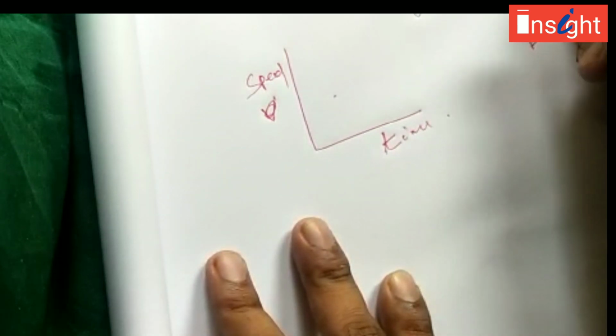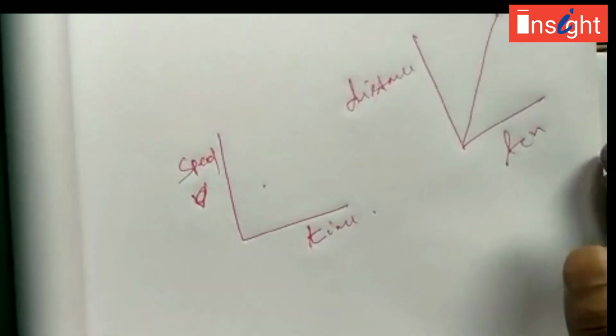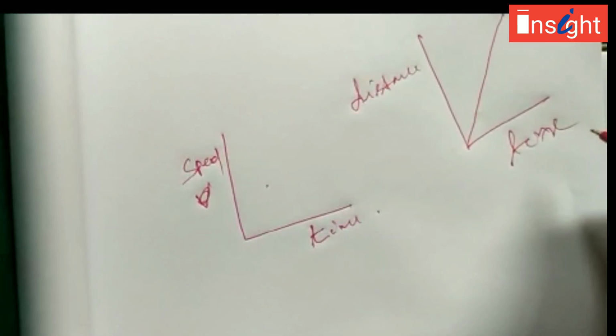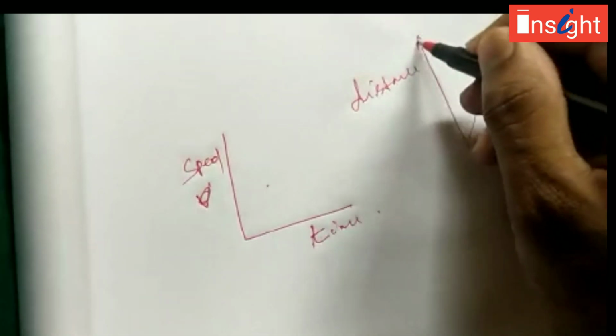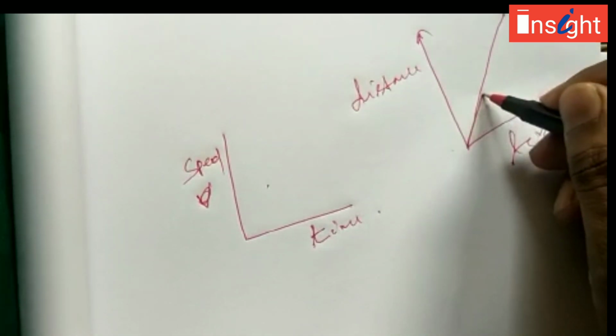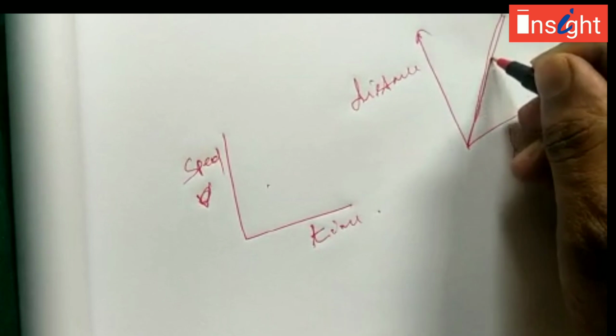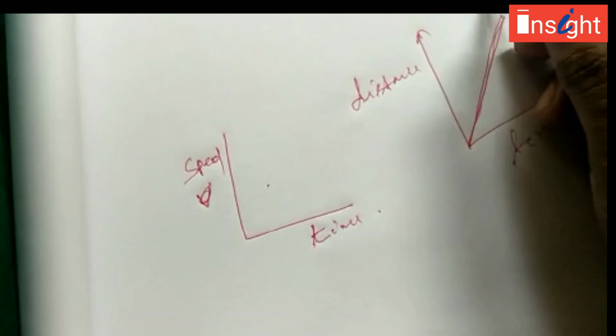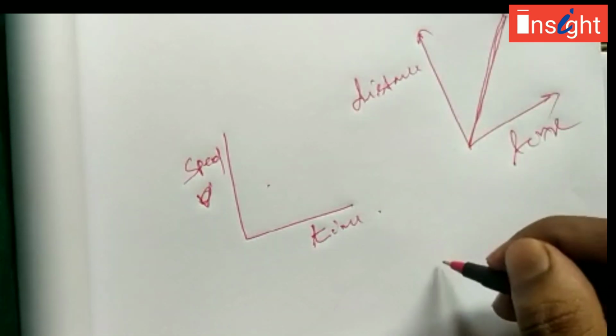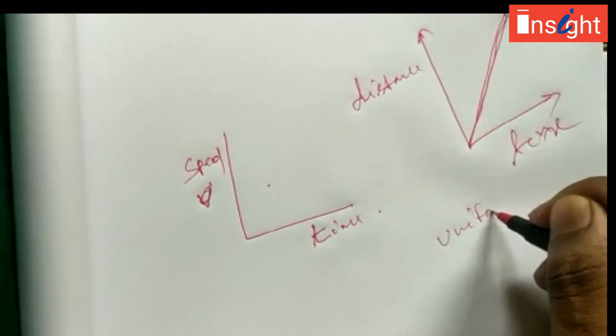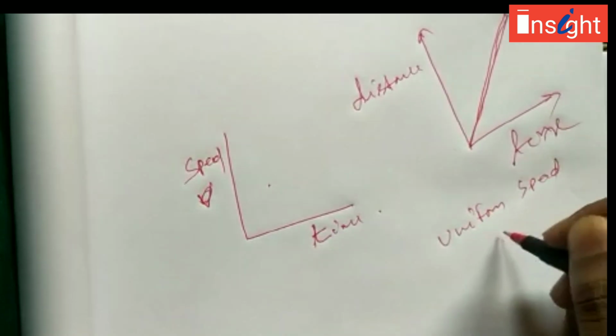When the distance versus time graph is straight, meaning the object covers equal distances in equal intervals of time, then this graph is known as the uniform speed graph.